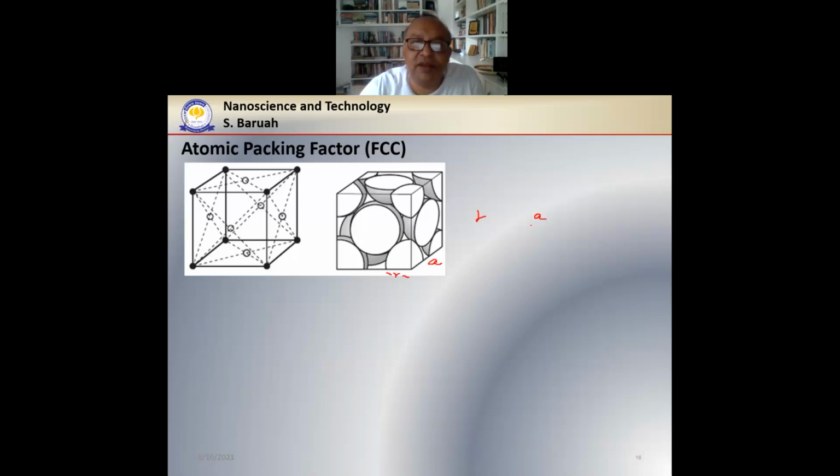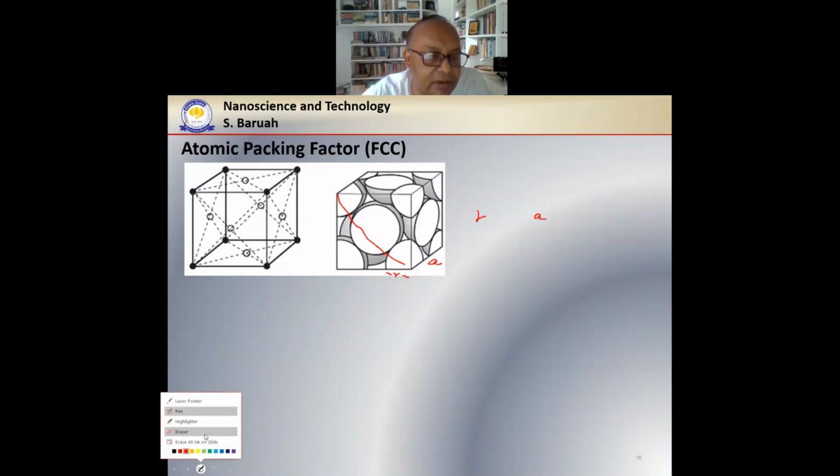So now this one is actually simpler. If you look at it now, this is R. That means if I draw a line now through the face, this would have been a straight line, but let me just remove this.